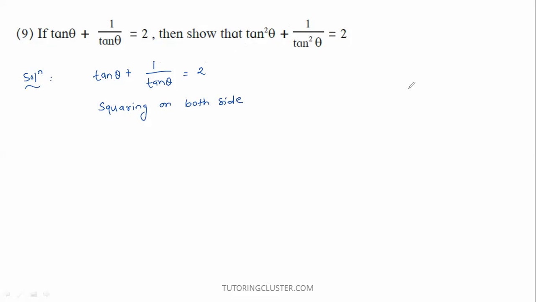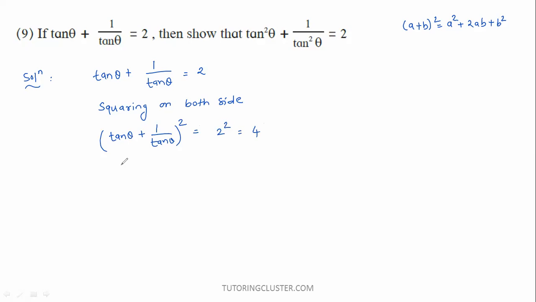A plus b bracket square. What is a plus b bracket square? A square plus 2ab plus b square. So see here, tan theta plus 1 upon tan theta whole bracket square is equal to 2 square, which is nothing but 4.